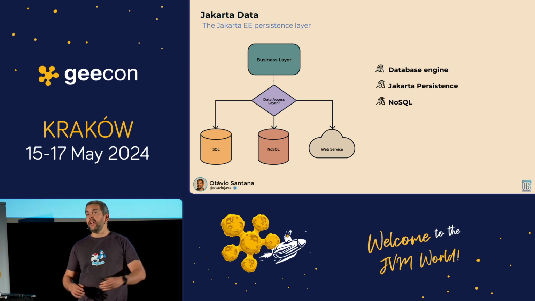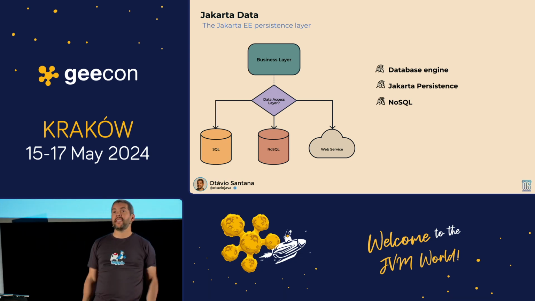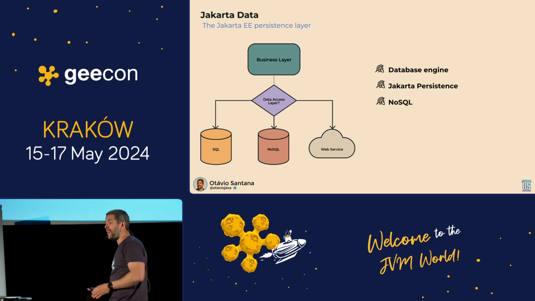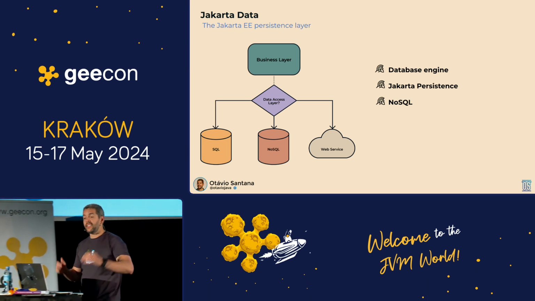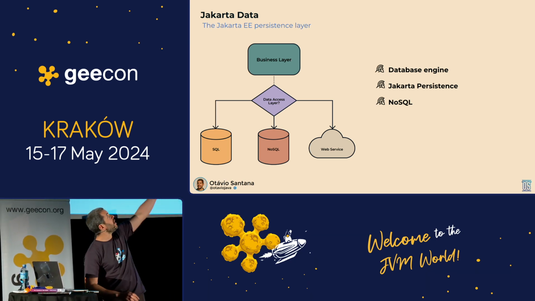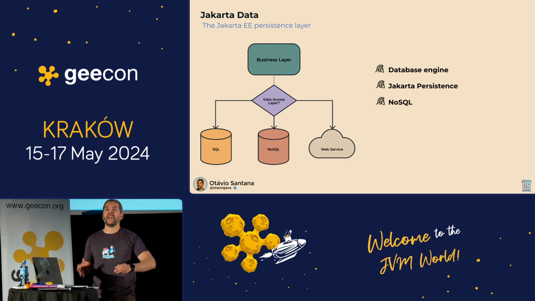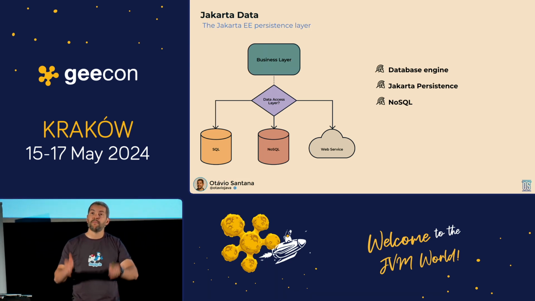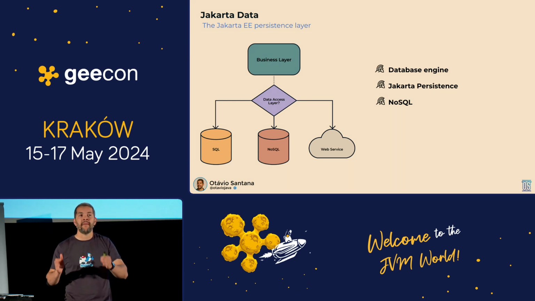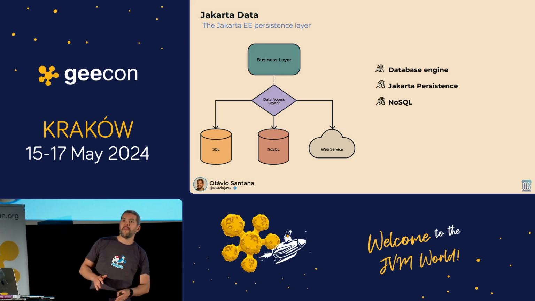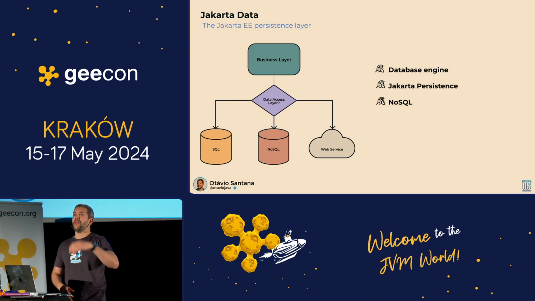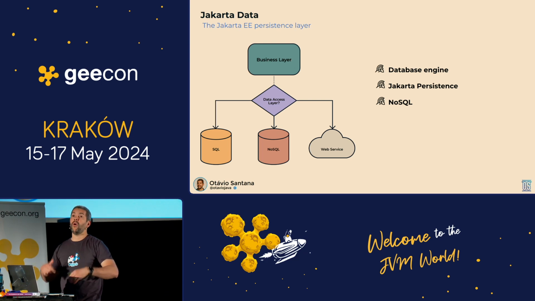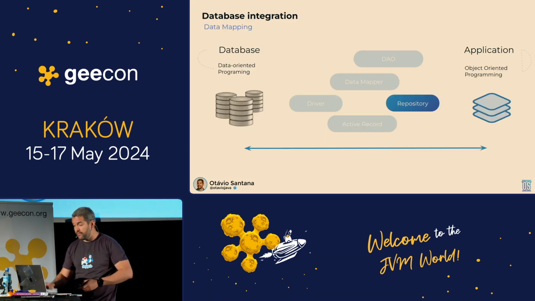And finally, one layer that can communicate with both specifications, that is Jakarta Data. So right now, the main goal of Jakarta Data is to introduce several database patterns that are common amongst databases. It doesn't matter if I have NoSQL, SQL, or maybe NewSQL.